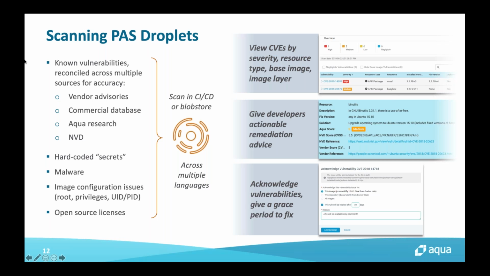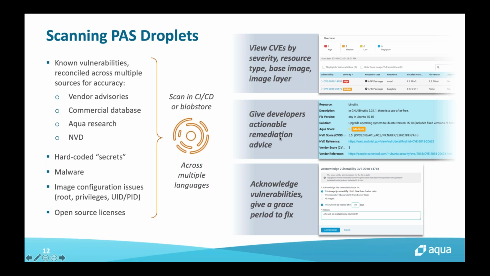So once we have that list of things we're scanning, again, we mentioned scanning in the CI/CD or as it moves into the blob store, and then just kind of a view, and I'll go through some of these views in the demonstration, but you can view CVEs by severity, resource type, where it fits into the application.